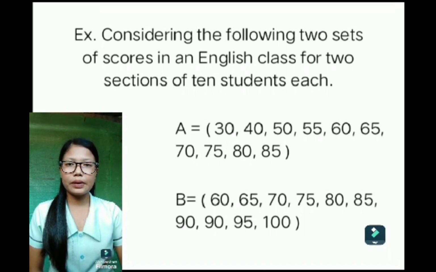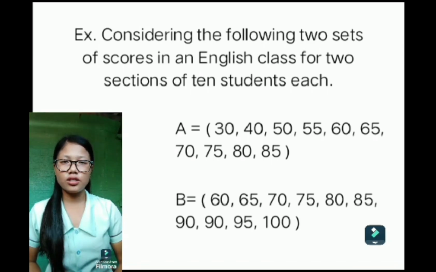So let's have an example. Considering the two sets of scores in an English class for two sections of 10 students. Okay, so the scores in section A, we have 30, 40, 50, 55, 60, 65, 70, 75, 80, 85.